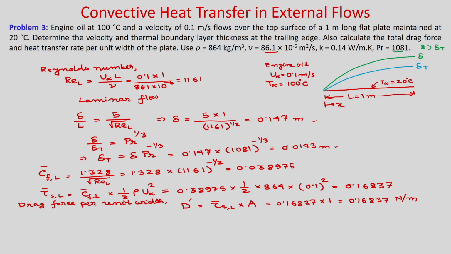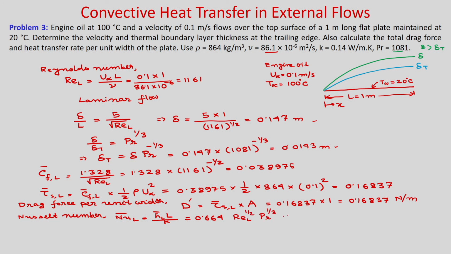Now, we need to calculate the total heat transfer rate. Okay. So, for the Nusselt number, you know the relation. The average Nusselt number, h bar L into length divided by thermal conductivity, is 0.664 into Reynolds number to the power half and Prandtl number to the power 1 by 3.